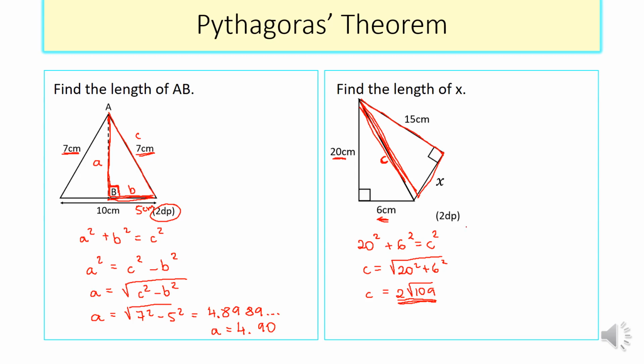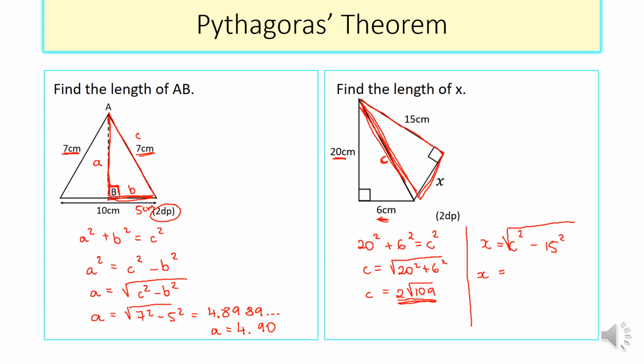So I'm looking at the other triangle now with the red outline, and to find the value of x, I have to again subtract, because x is one of the shorter sides. So I have to square the hypotenuse, square the other side, which is 15, and remember they need to subtract and square root your answer.